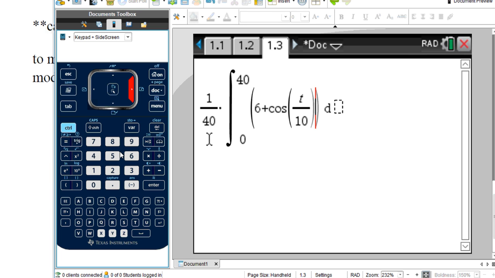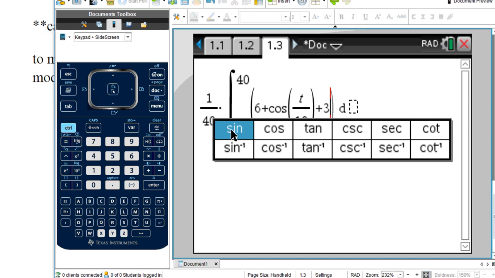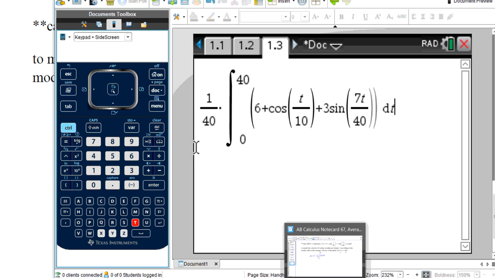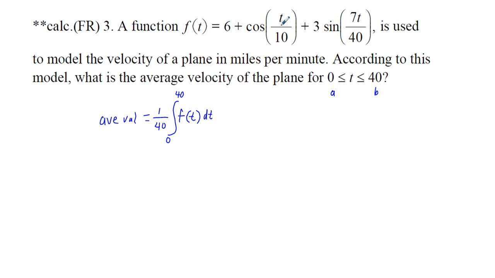We're going to say plus 3 sine, and we're going to have 7t over 40, and I think that's going to be it entirely, dt. Just checking, make sure things are right, and looks like they are. Okay.